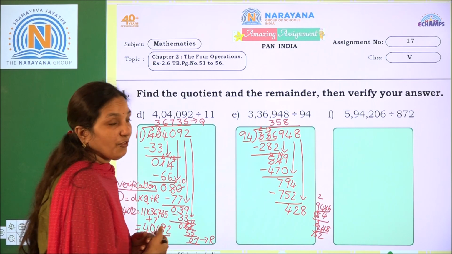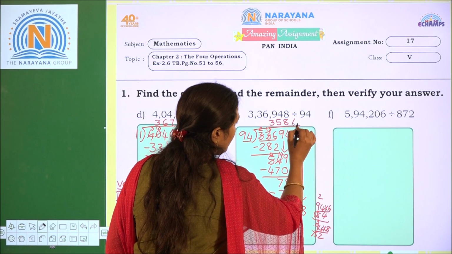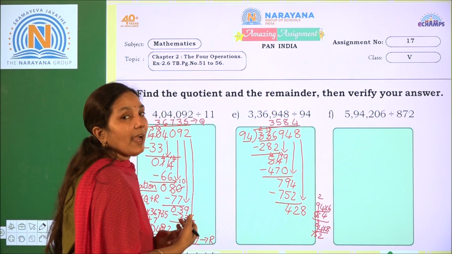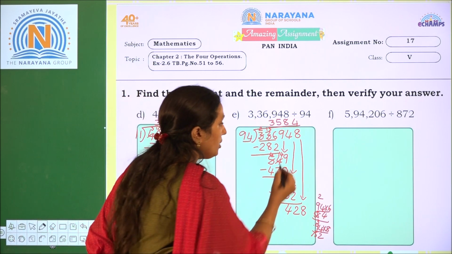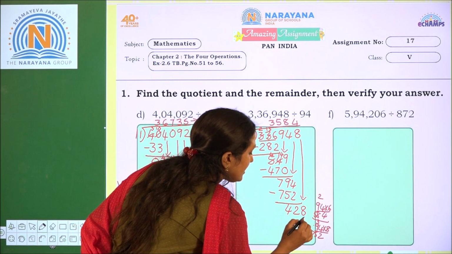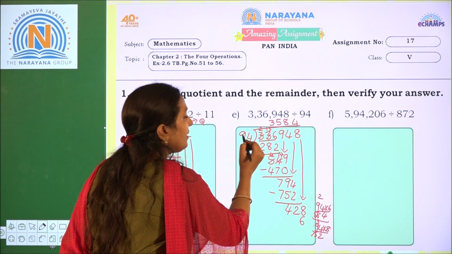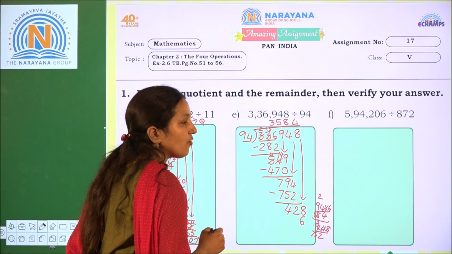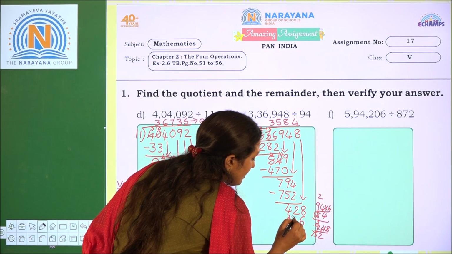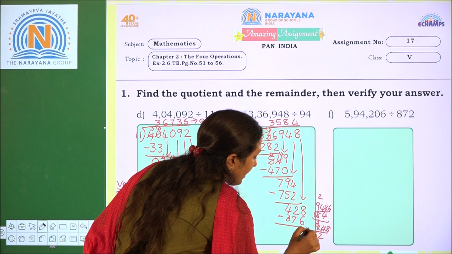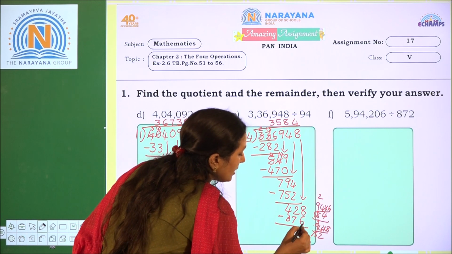We can take 4 times. Just mental math we have to calculate, thinking 4 times it will go. So 4 fours are 16, 1. 4 nines are 36 plus 1, how much? 37. Now subtract. 8 minus 6 is 2.